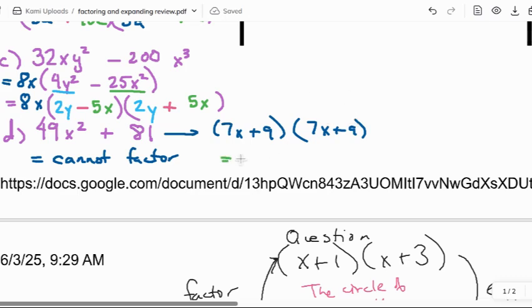When I square a binomial, I square the first term, I square the last term, and I multiply the two terms and double them. So 63 doubled is 126x. So can I factor 49x squared plus 81? No. Good.